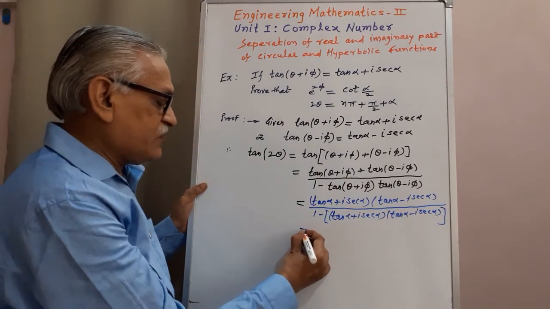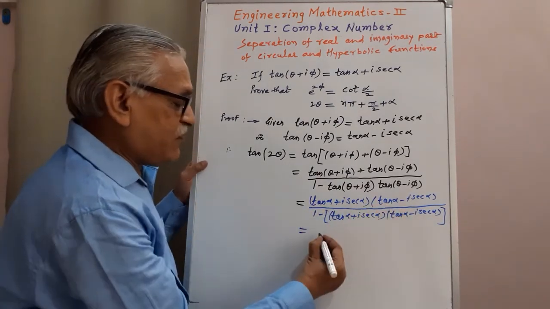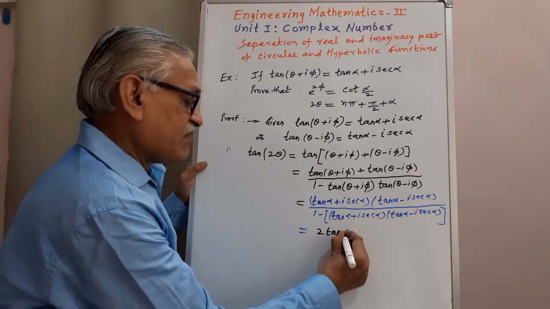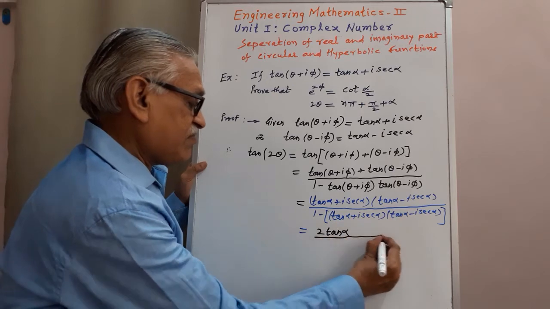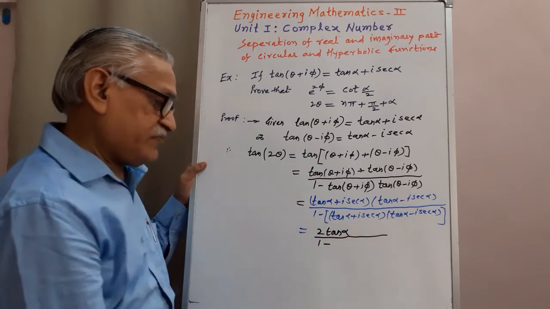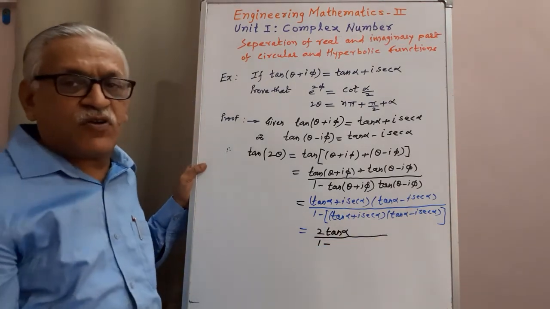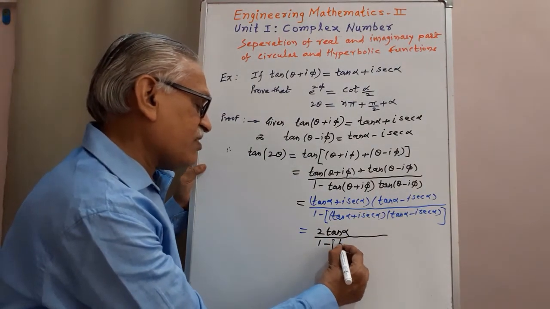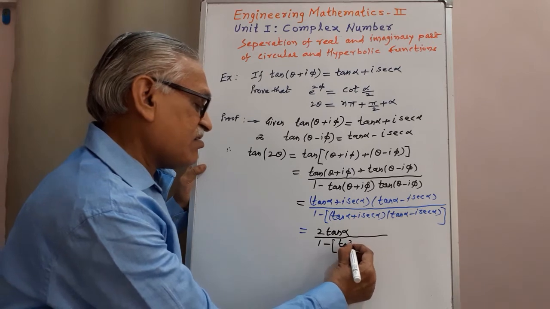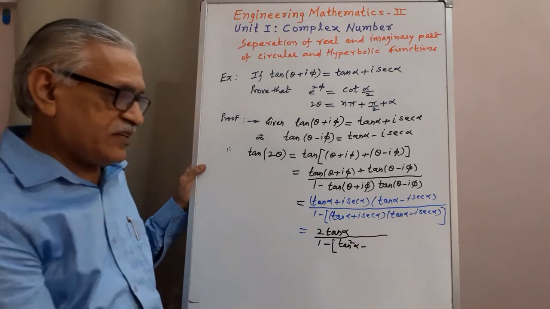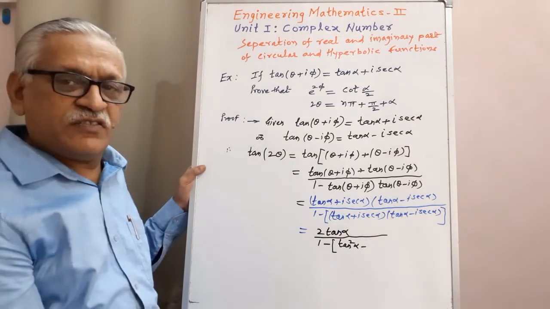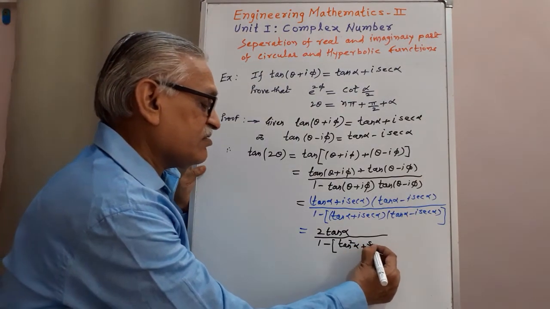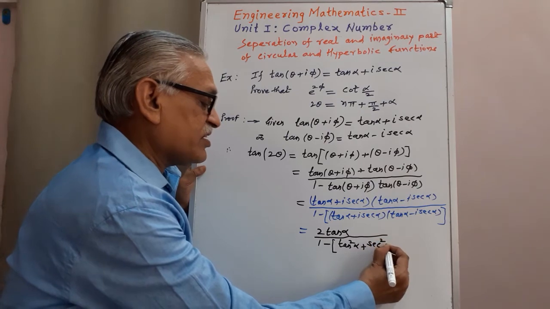Therefore it is equal to tan alpha plus tan alpha, we get 2 times tan alpha, divided by 1 minus a plus b, a minus b, that product is a square minus b square, means it is tan square alpha minus i square. i square is minus 1, that minus and this minus become plus secant square alpha.